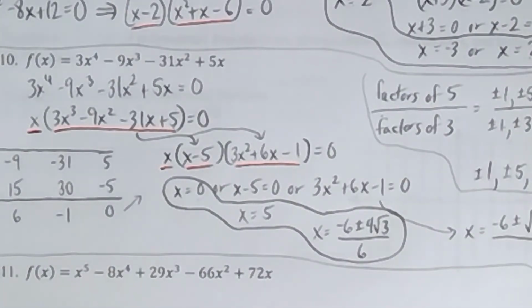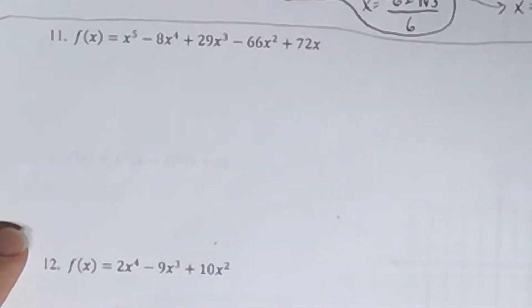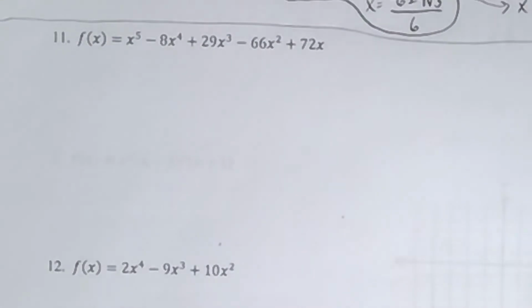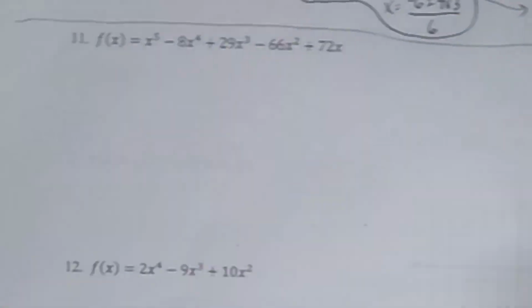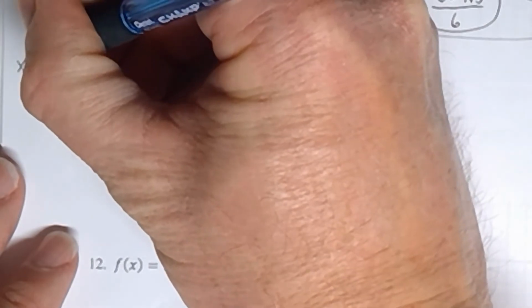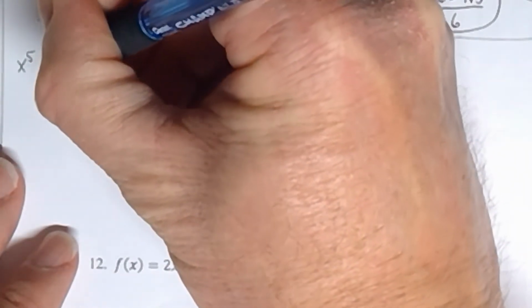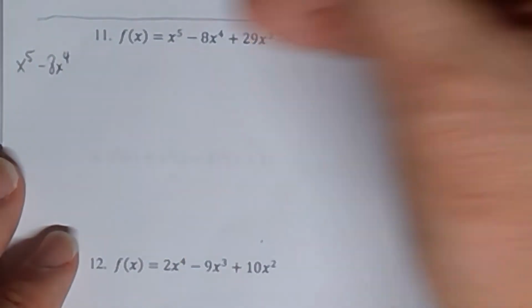Number 11. Once again, just like in number 10, since we're finding zeros here, we first of all want to set this equal to 0. This is kind of a bigger problem, so I'm going to give myself some space over here.